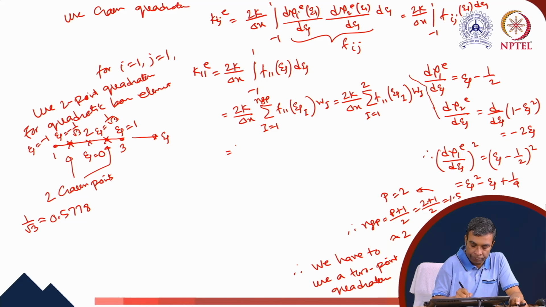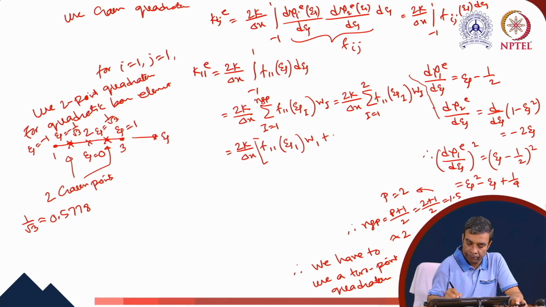Equals 2k by delta x, f11 at xi1 into w1 plus f11 at xi2 into w2.